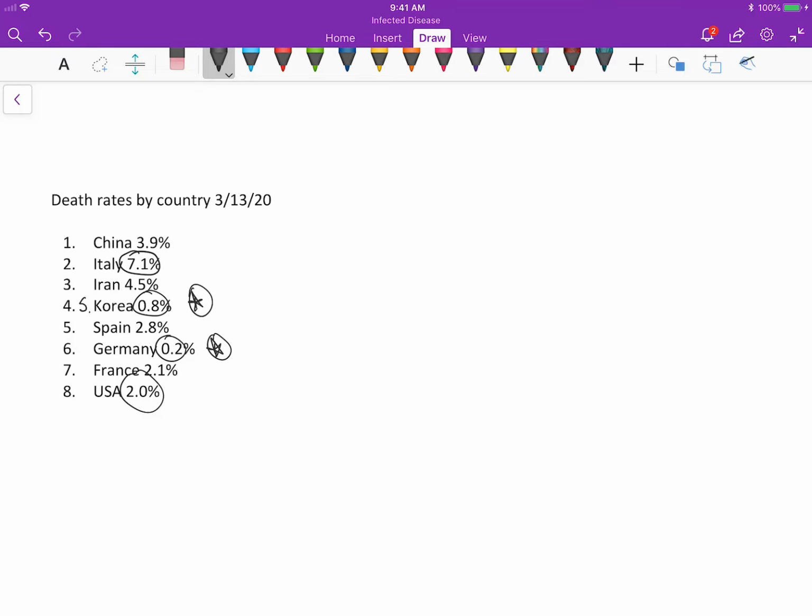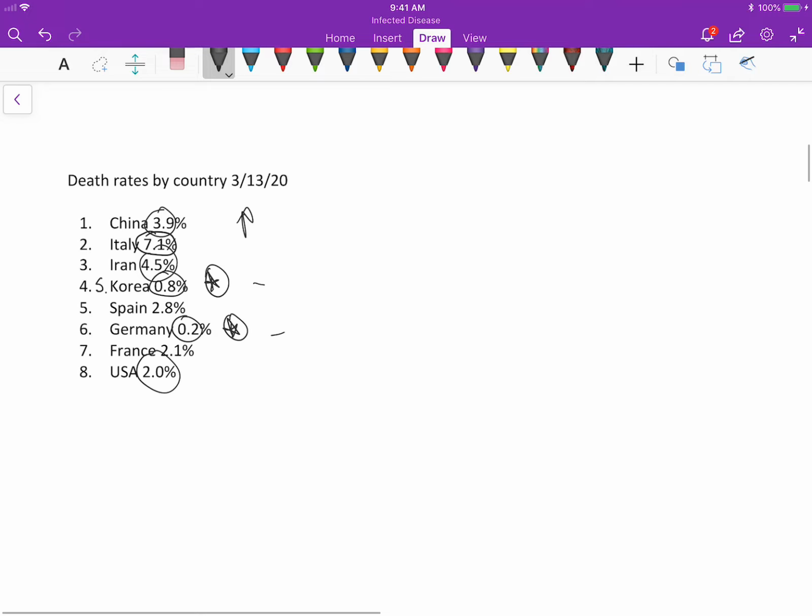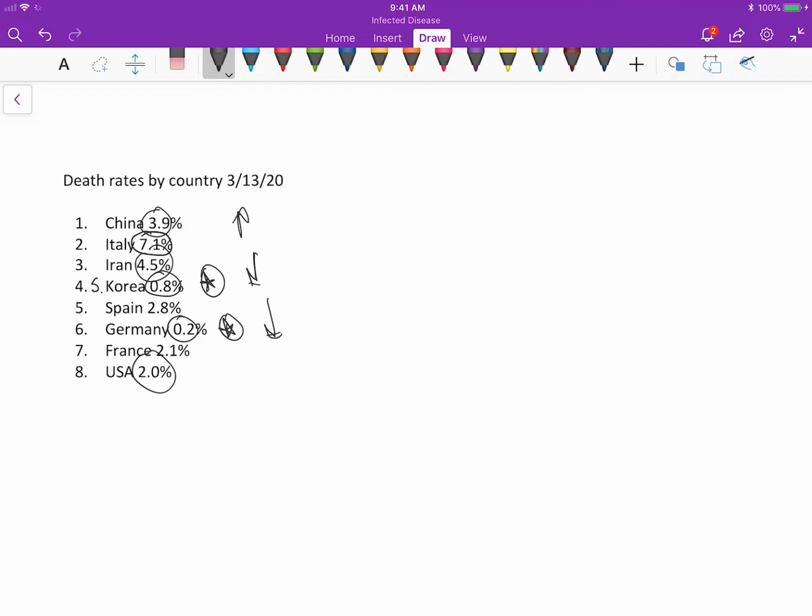What's the smoking rate? What's the underlying health status, and so on and so forth. But I think that the data we have so far is encouraging in the sense that despite China and Italy and Iran having very high death rates, you see other countries who are testing more individuals that have lower death rates. So there is hope in that regard.